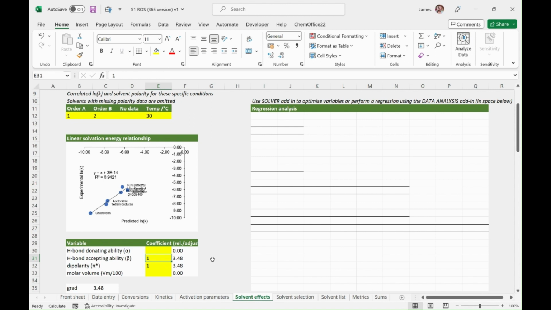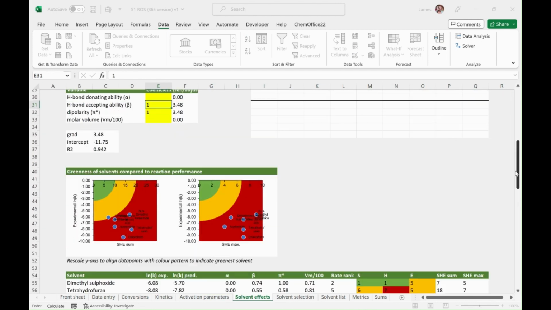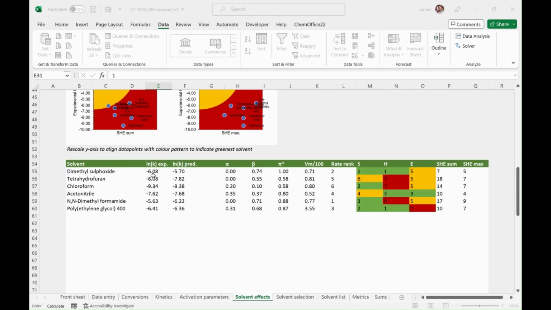What we can do is we can use the data analysis functions of Excel in order to make a more accurate coefficient. If you go to the Data tab, you will need to install the data analysis package. Once you've done that, you can find a regression option. And our Y range will be the experimental rate constants, which are listed below here.